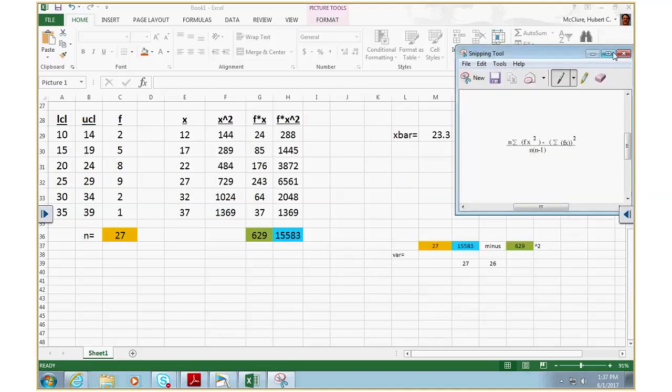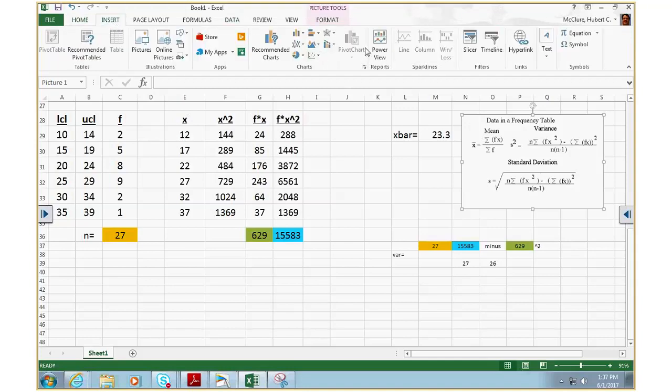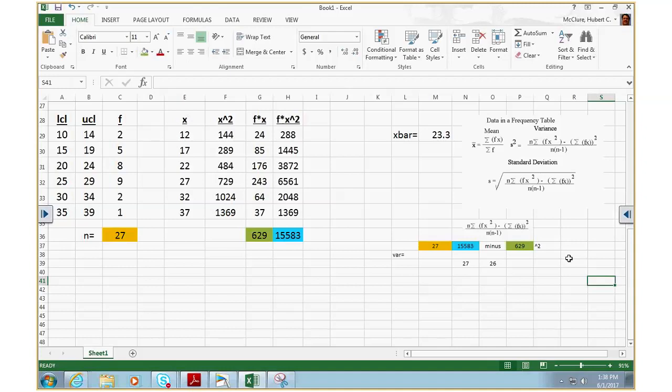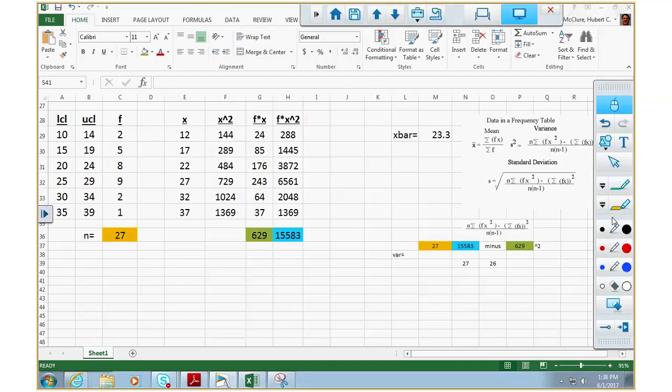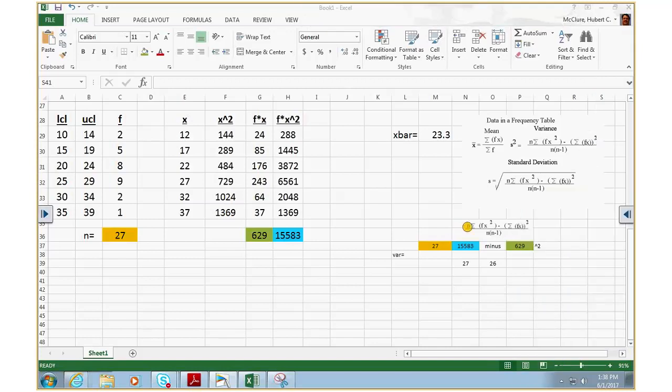Let me bring that in. Okay, that formula right there for the variance is right here. It might take a minute, but I'll do it. Take that handy dandy yellow marker, and I'll put that there.